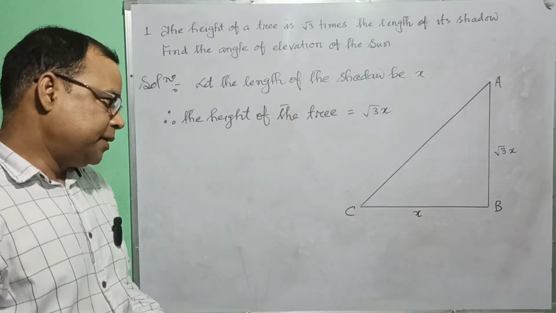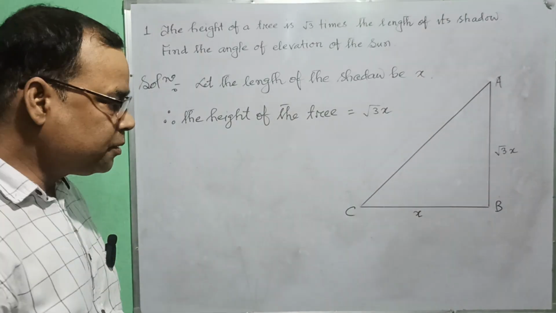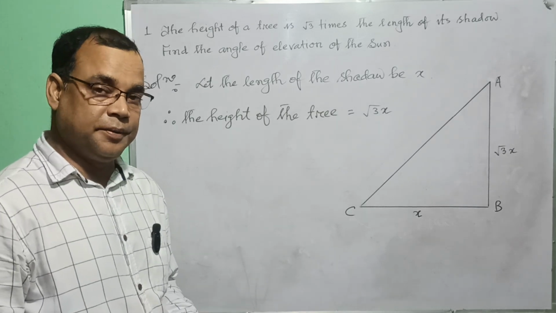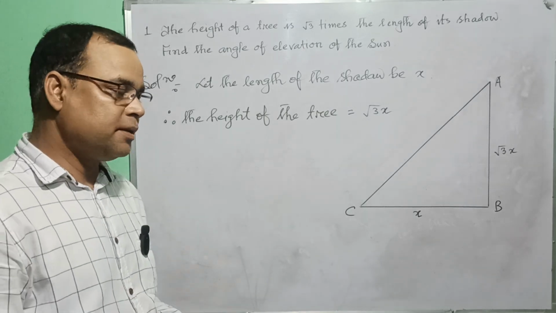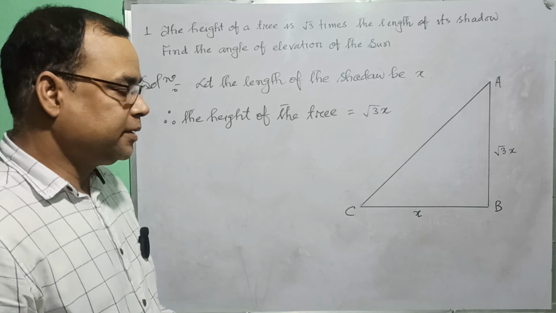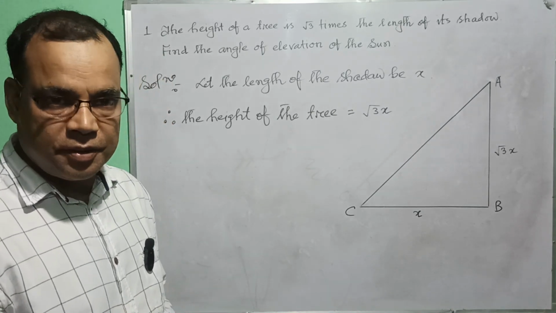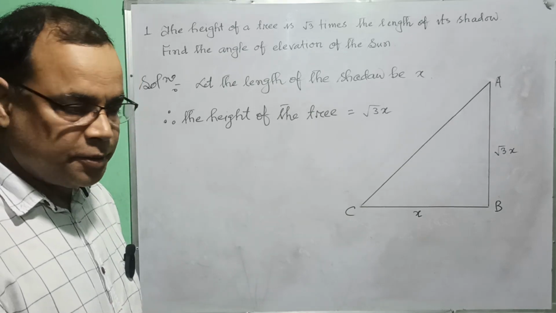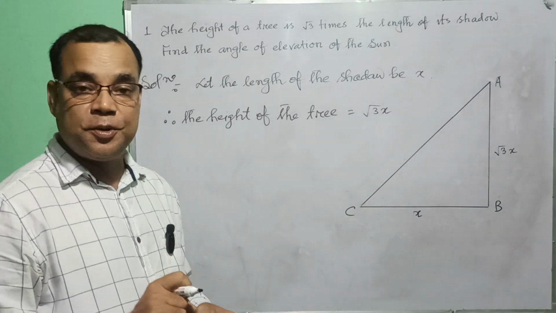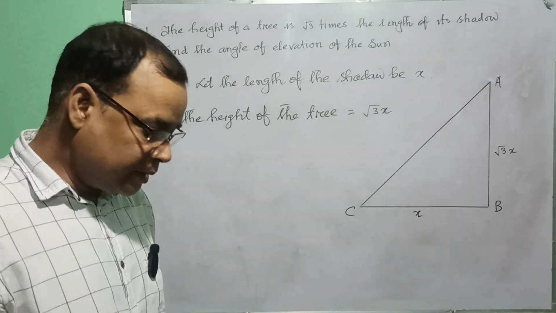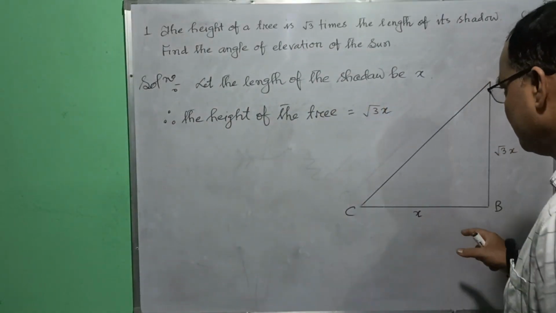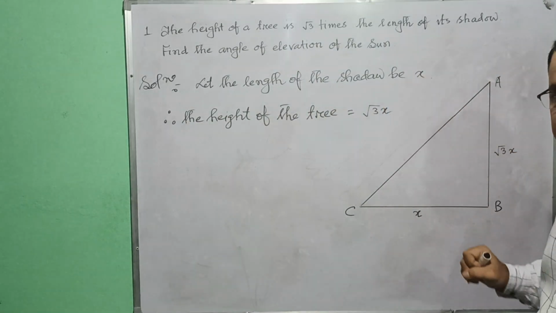So in triangle ABC, how to choose which ratio we'll use? This is important. Later on also you can see, sometimes we need to take tan, sometimes sine also, cos also, then sometimes cot also. Then when to choose which one? This is actually based on what the question is asking.